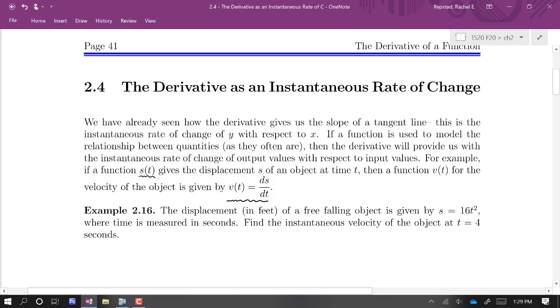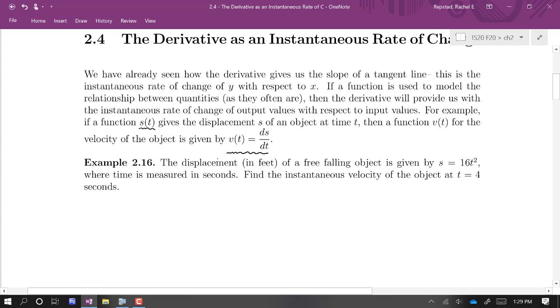So in example 216, they tell us that the displacement in feet of a free-falling object is given by s equals 16t squared, where we measure time in seconds. So if I knew how many seconds have elapsed, I can determine how far the object has fallen.